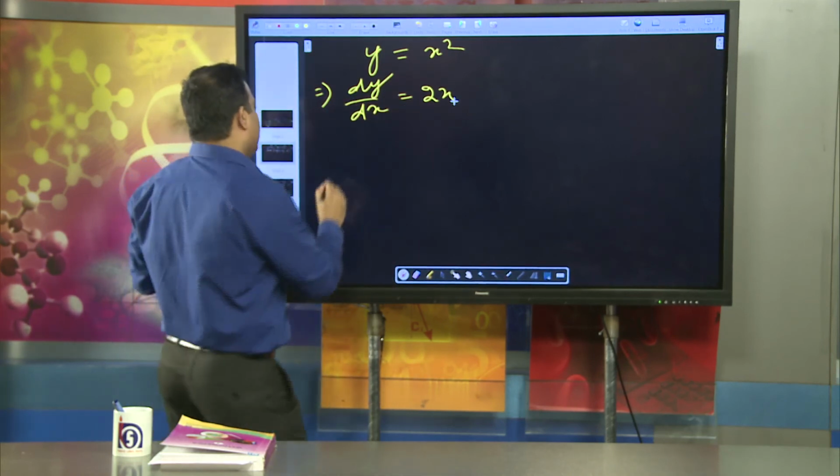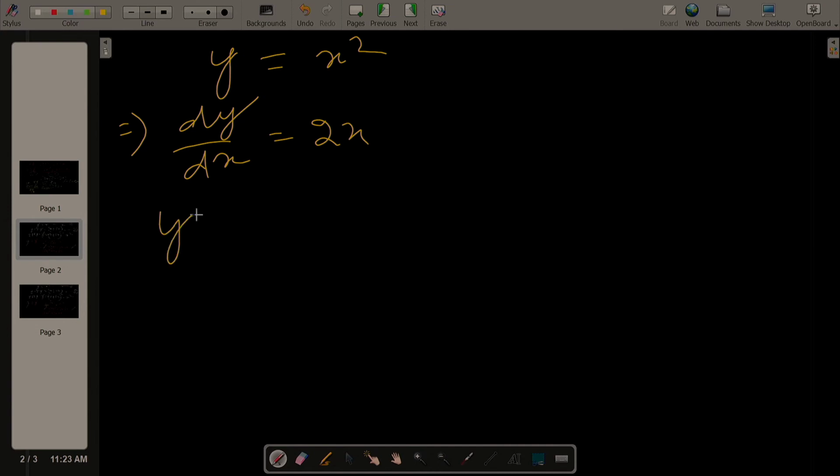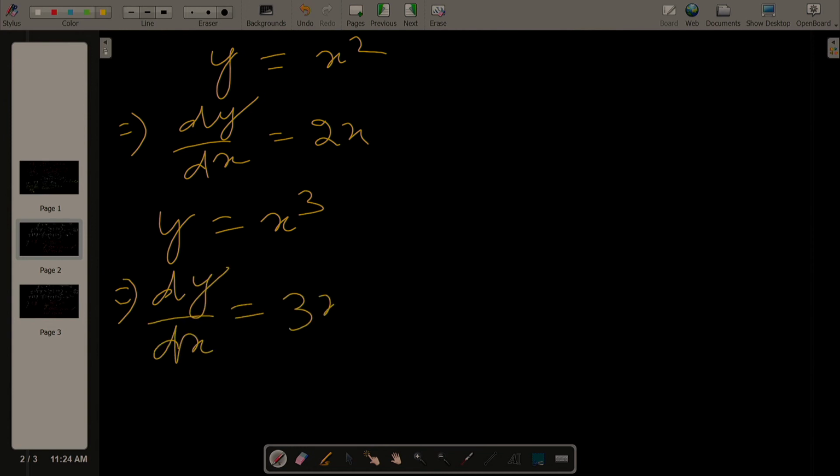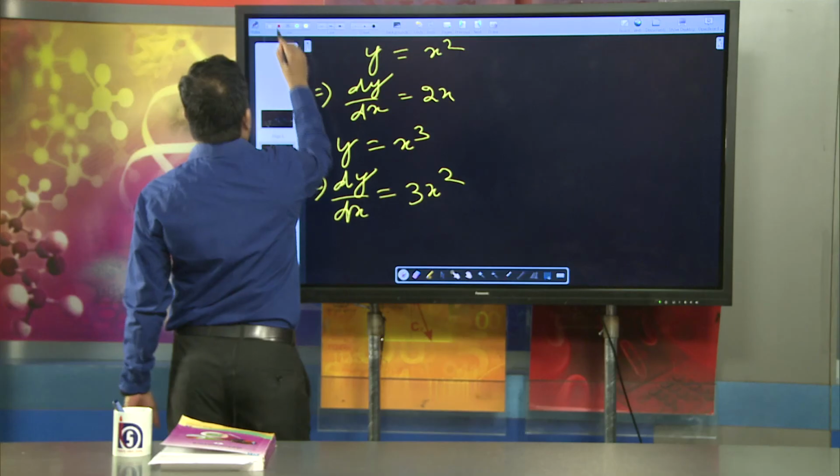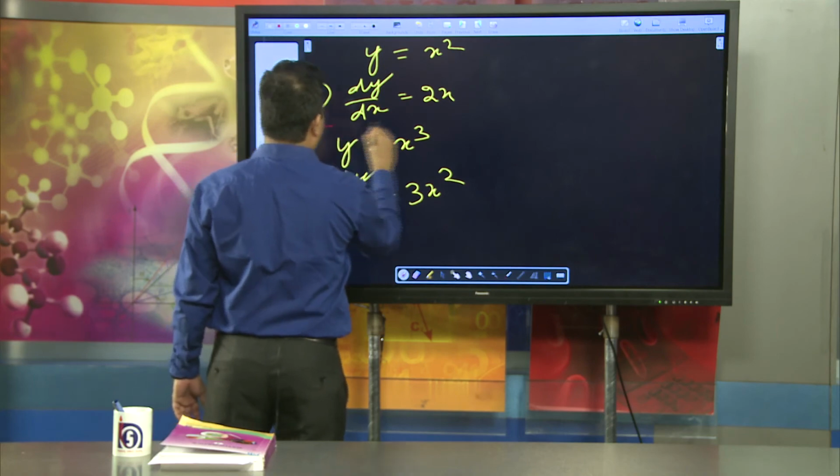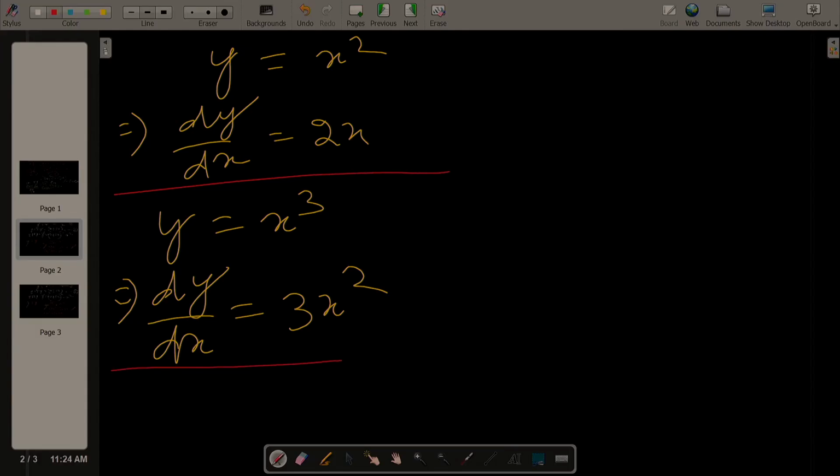If I take y equal to x cube, you will get dy by dx equal to 3x square. I have written it here, but if you use the first principle, you will definitely find dy by dx equal to 3x square.